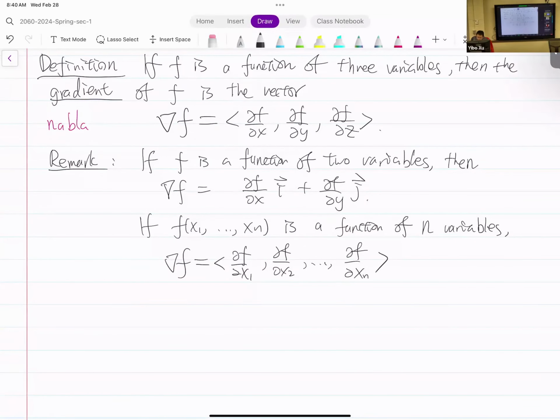And now, as we have introduced the gradient nabla f as a vector, right? Then we can simplify the formula for the directional derivative. Okay? Another remark.